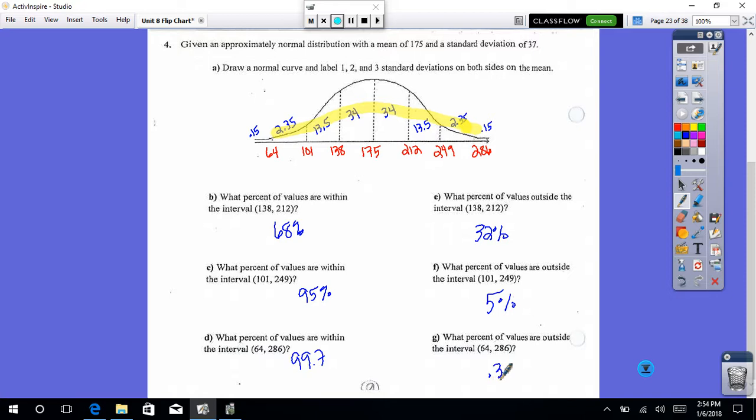So it leaves us with 0.3%. Not 30, just 0.3, a tiny little amount.